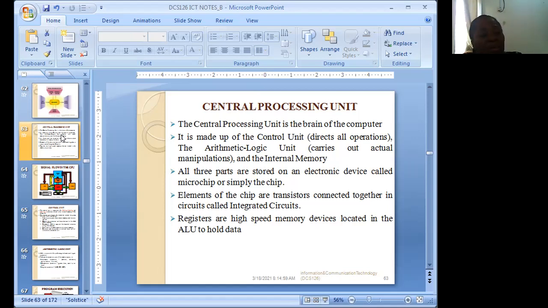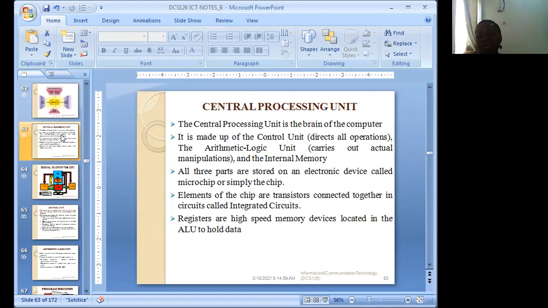Elements of the chip are transistors. So what makes up this chip? They are transistors connected together in circuits called integrated circuits. So I did say all the electronic circuits needed for the functioning of the computer are all etched on the microchip.